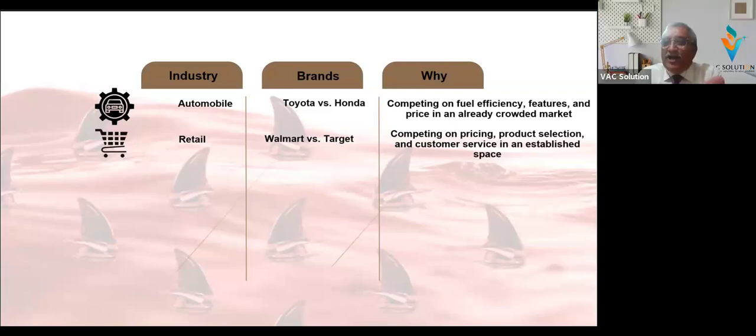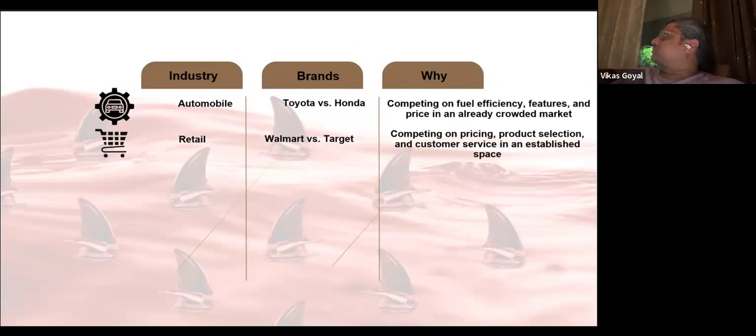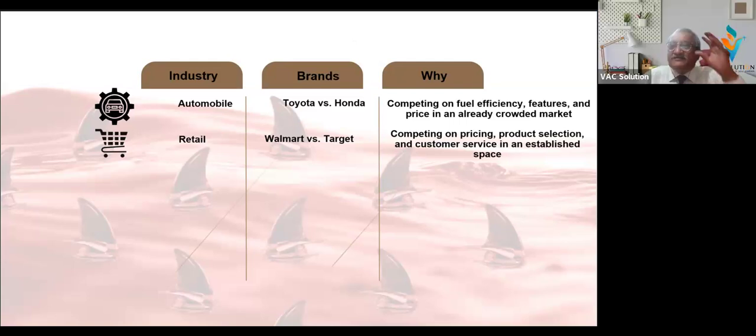It is a dominant logic which governs the industry. Automobile industry is governed by features, fuel efficiency, and price. An automobile is supposed to give you the best fuel efficiency. The car which gives you better mileage is better accepted. That means the dominant industry logic is fuel efficiency. Here, product selection, pricing, and customer service is the dominant logic of the retail industry.